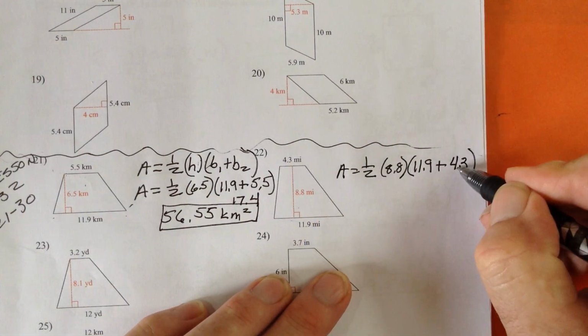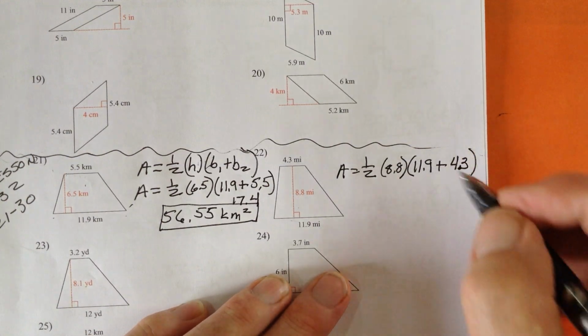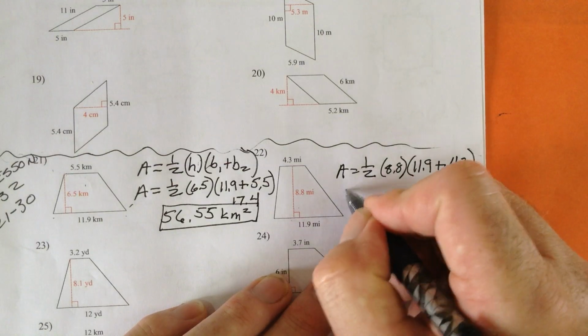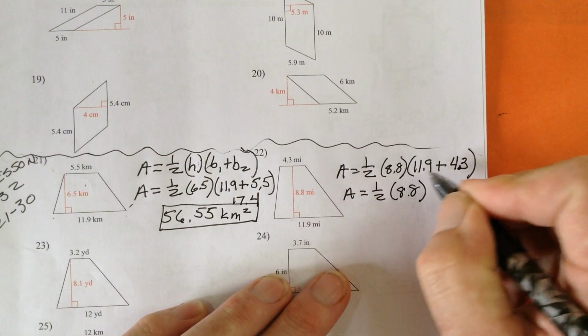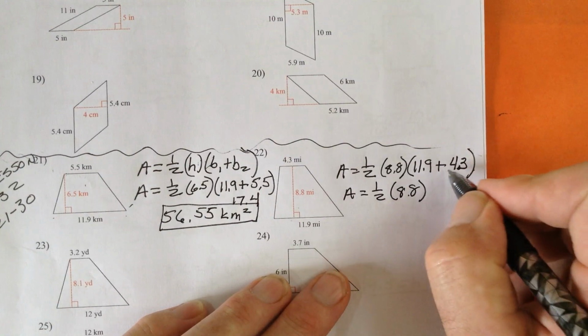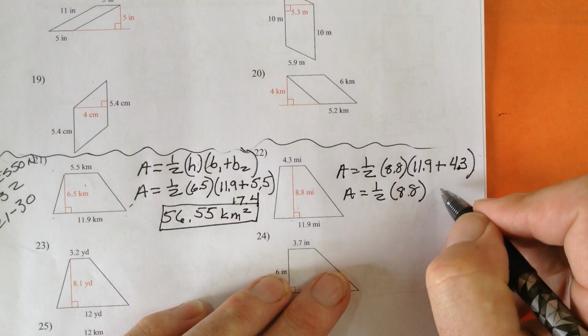Okay, so now the first thing, I have to do what's in parentheses. I have to add here. So if I write the whole thing again, 1/2 times 8.8, and then 11.9 plus 4.3 came out to 16.2.